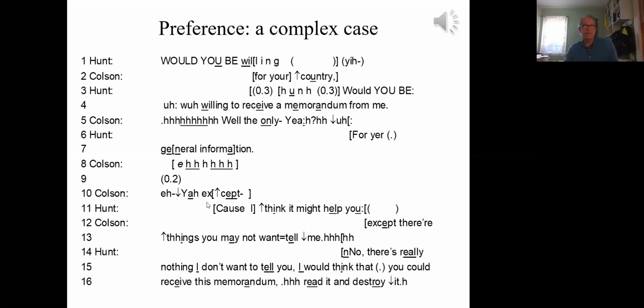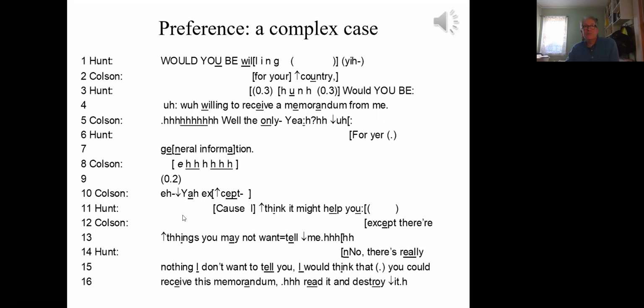So it continues in line 10, but it's already available to us in line 5. It's not a straightforward yes response. So you can say this is showing that there's an upcoming dispreferred response because the person doesn't say just straight out yes. There's some trouble, some problem for whatever it is. And then he says, yeah, except.